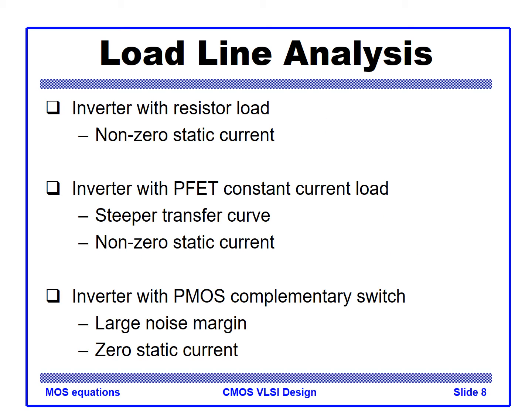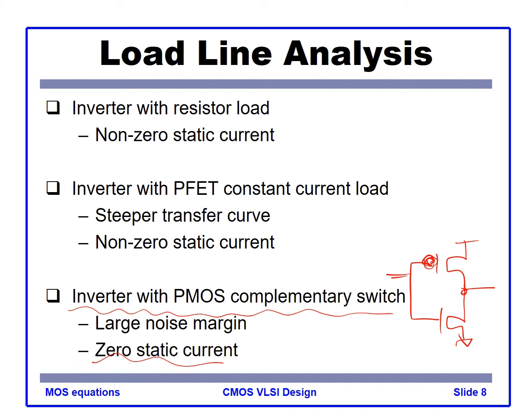The last and most important option is to use a PMOS complementary switch, meaning we apply the complementary input. We have a bubble, so it is an inverted input and inverted output. In this case, we have zero steady current because only one of the PMOS or NMOS will be on. So it has a large noise margin, even with large noise on the supply or noise on the input.